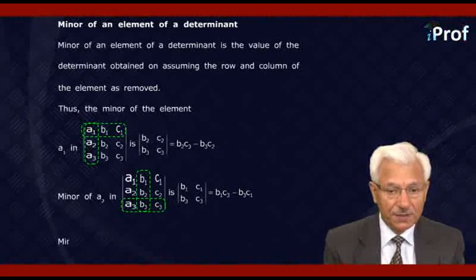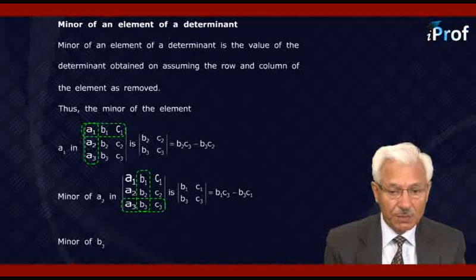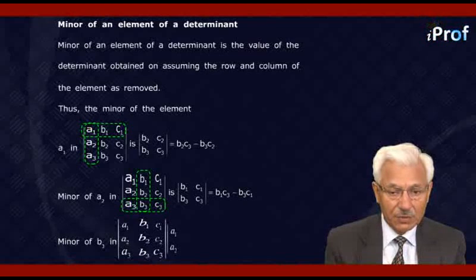Minor of b3 in the determinant: we remove the row and column of b3. They are a3, b3, c3 and b1, b2, b3. We are left with a1, c1, a2, c2, which is equal to a1c2 - a2c1 and becomes the minor of b3.